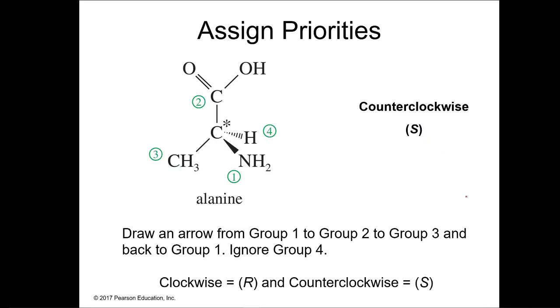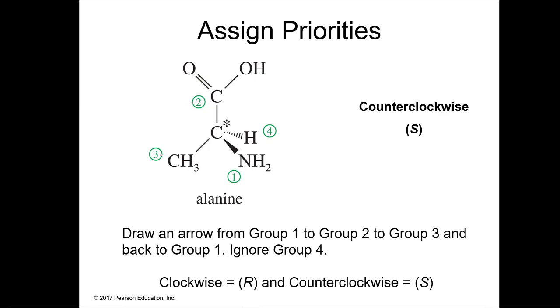Okay, so if we look at alanine, and we ask what is it attached to? It's attached to 2 carbons, a nitrogen, and a hydrogen. Well, hydrogen is always going to take the lowest priority, so we get that 4. Nitrogen's the highest, so we give that a 1. Then we say carbon, carbon, that's a tie. What's the next thing it's attached to? Hydrogen, oxygen. Oxygen is more priority than hydrogen, so this carbon gets priority 2.